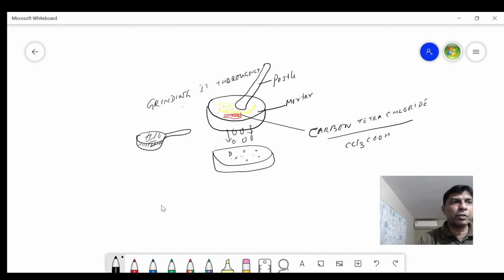And the substances which didn't get dissolved will be kept on the top. That means they are insoluble and they will be kept on the top of the filter.